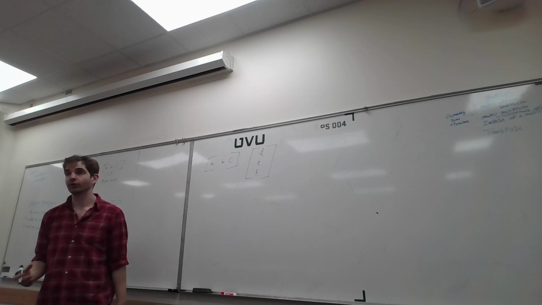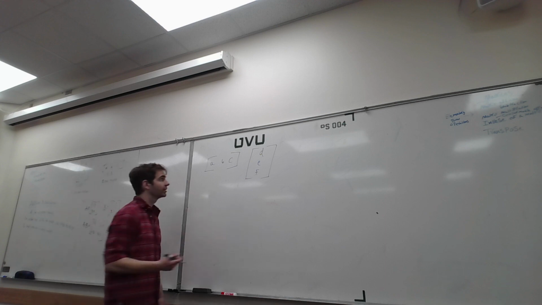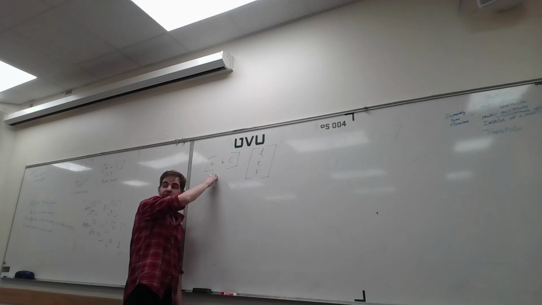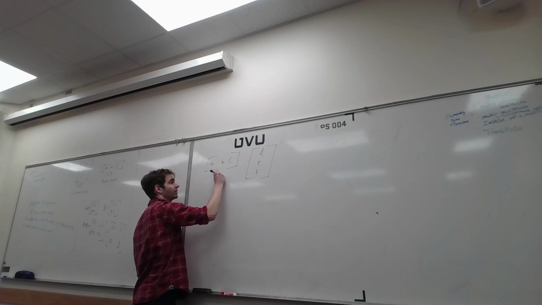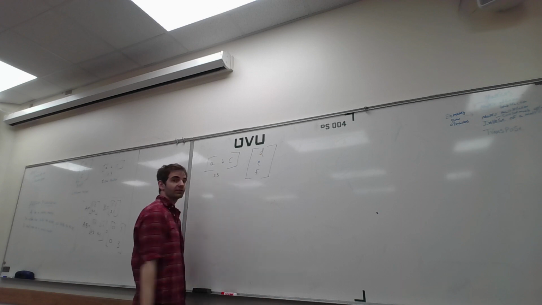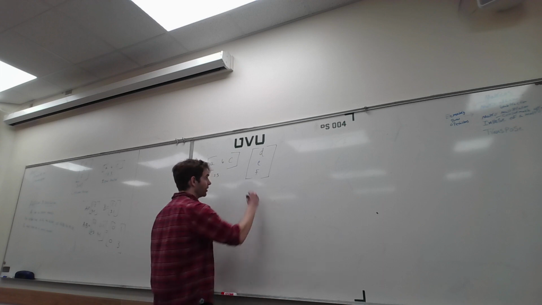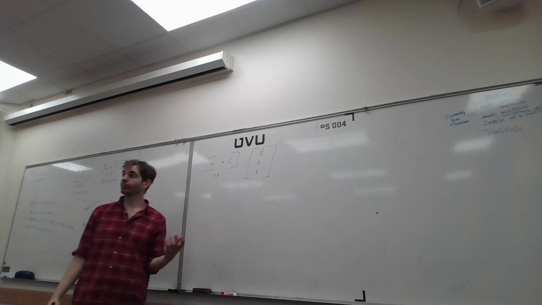Okay, but these could stand for any kind of number. Okay, any real number. Okay. What are the dimensions of this left matrix? It's 1 by 3. You got it. This is a 1 by 3. Okay. What are the dimensions of this matrix? 3 by 1. 3 by 1. Okay. These are conformable matrices.